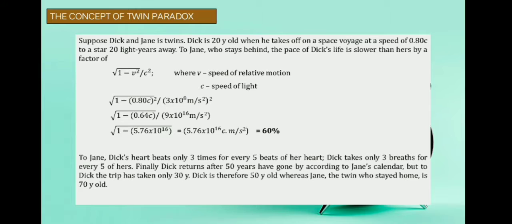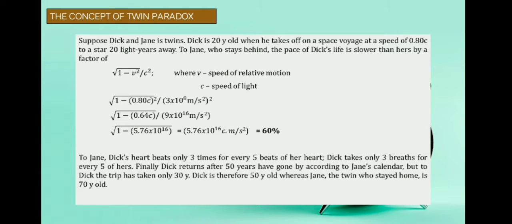So we have the square root of 1 minus 0.64, which gives the positive value 0.36, and its square root is 0.6.